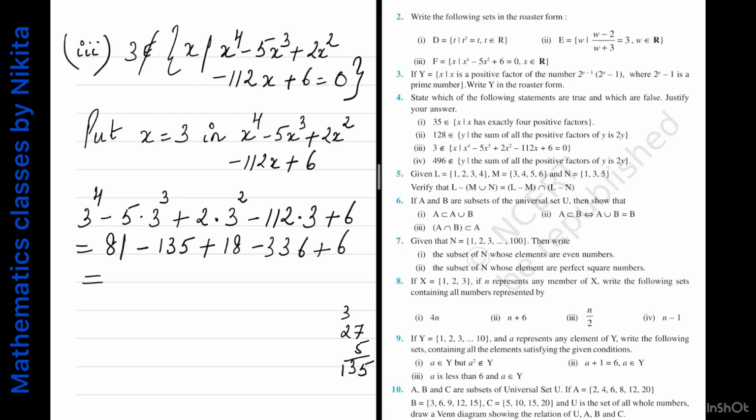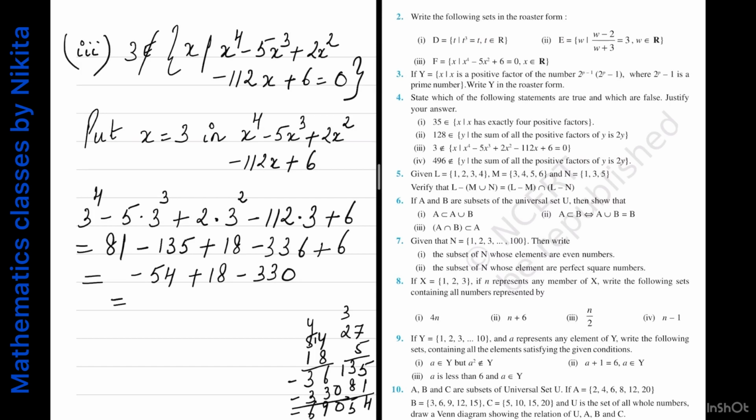So 135 minus 81. So you will get 4 and 5, so minus 54 plus 18 minus 330, which is equal to 54 minus 18 is minus 36.